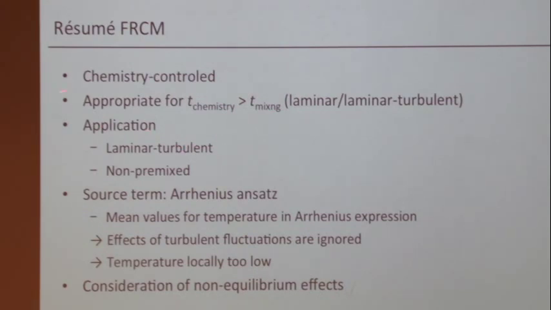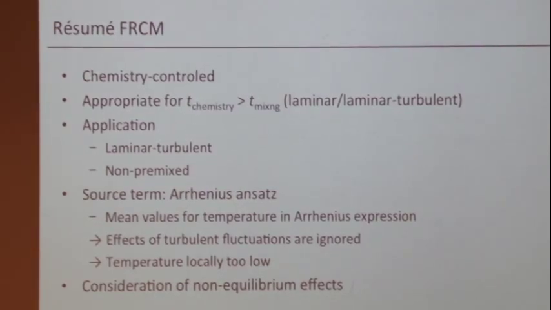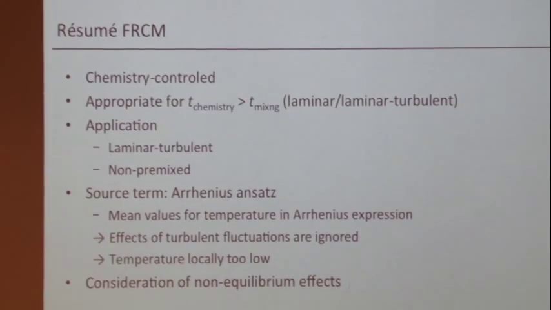Maybe then it's not so bad. It seems like you can apply it for anything, but one has to be careful. The source term here is an Arrhenius source term, and it has potential to model non-equilibrium effects, but maybe not too accurately.